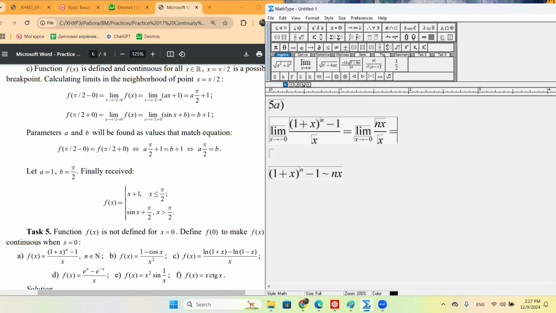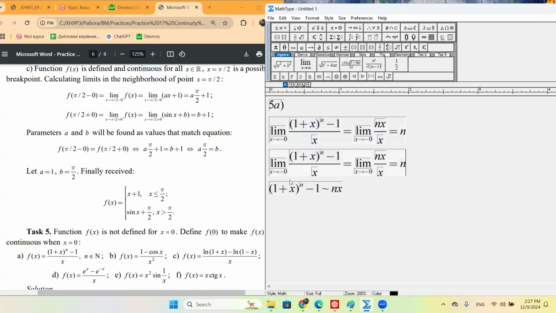And the result is n. And for x approaching +0, we have the same situation. So always use this formula as well. Useful equivalency. And that's it.